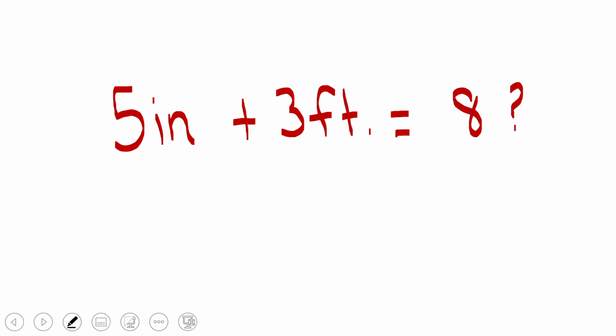We have to convert everything to inches, or we have to convert everything to feet. So since this can't be done without conversion, and we can't just add individual units that are not like terms, then we know from our previous studies and experience that we have to do some work before we just add 5 and 3 together.